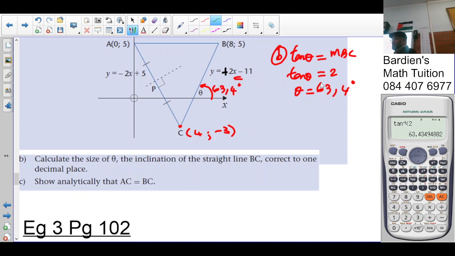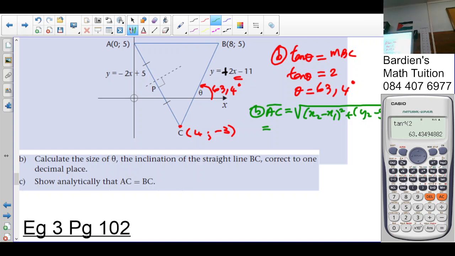The length of AC and the length of BC. So I work out the length of AC. How do I do that? Distance formula: x2 minus x1 squared plus y2 minus y1 squared.